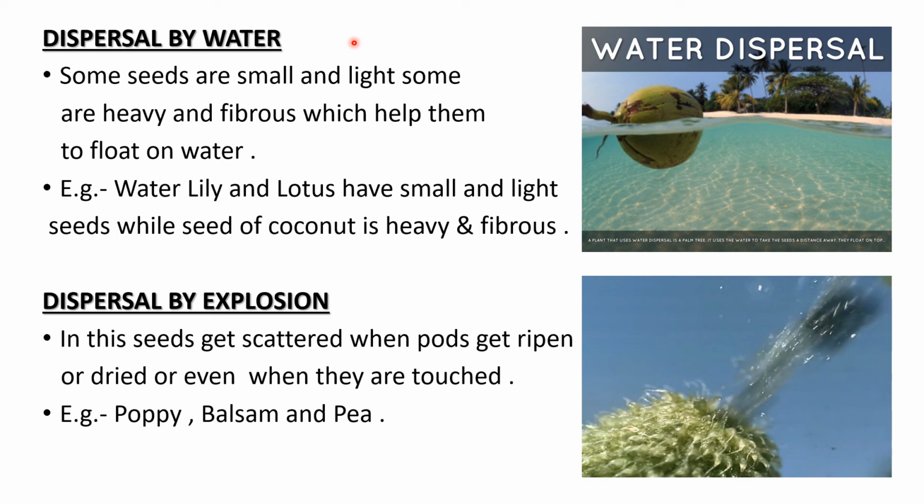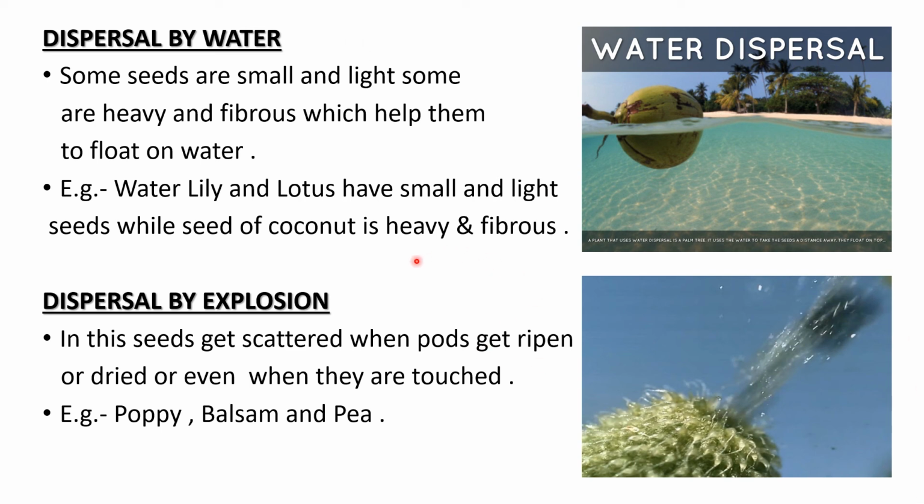With the help of water, these seeds move from one place to another, and when they get favorable conditions, they develop into a new plant. For example, you can see here the coconut seed is floating and it will move from here to some other place.